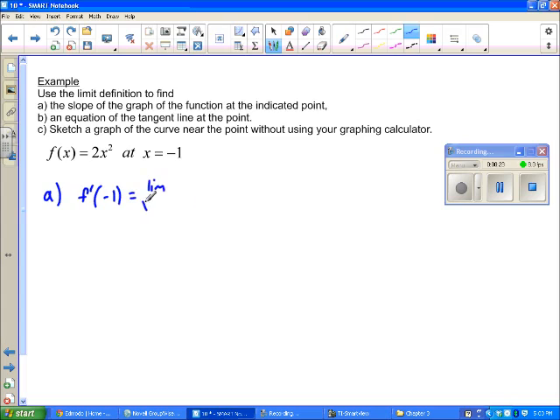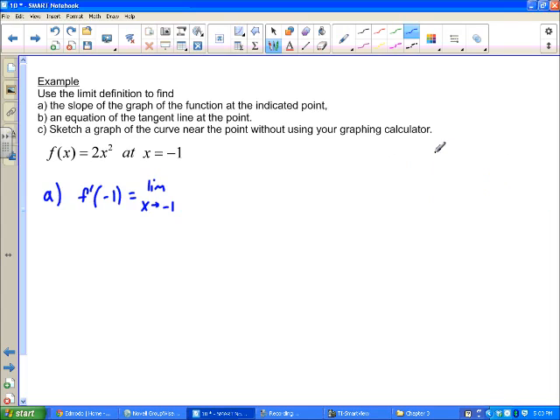The limit as, and we can use x here because these are x's, the limit as x approaches -1 of, on top here, is f of x minus f of -1, and we've been writing that out, but let's see if we can just plug that in straight away and save ourselves some writing.